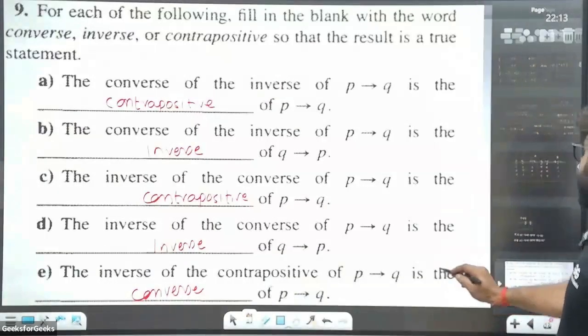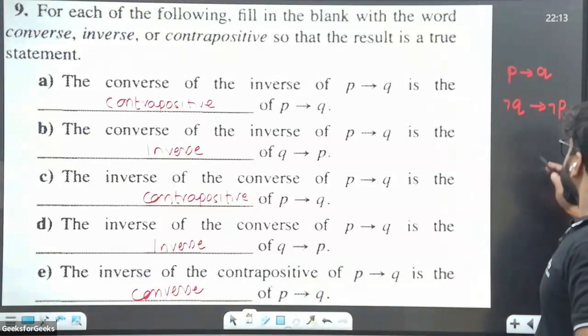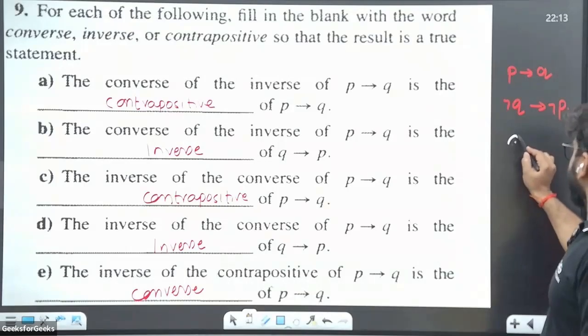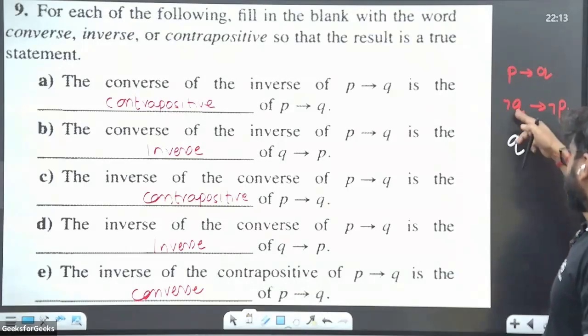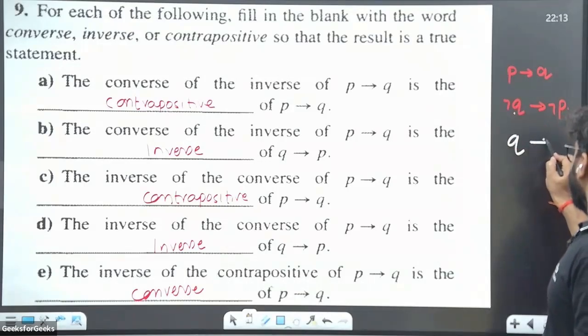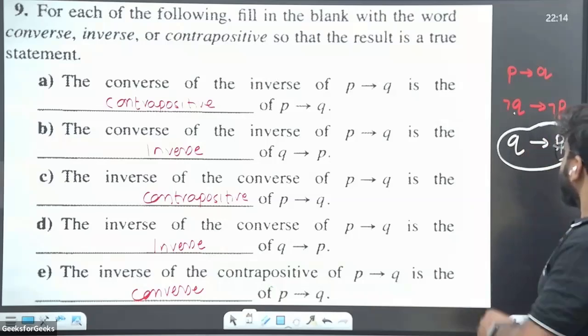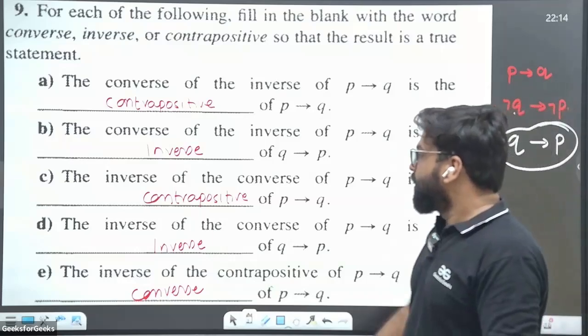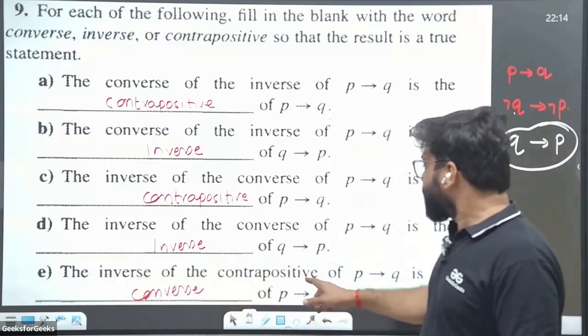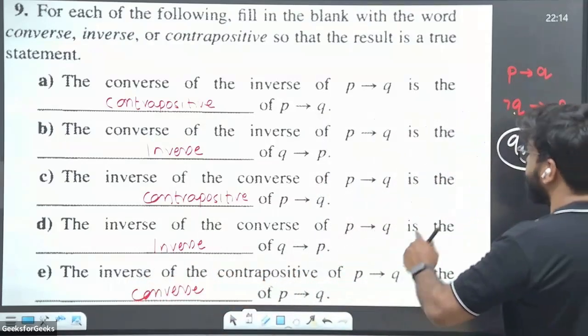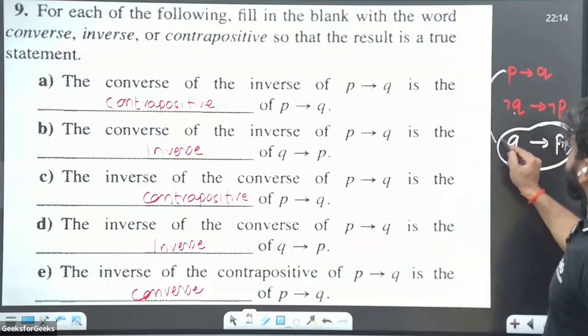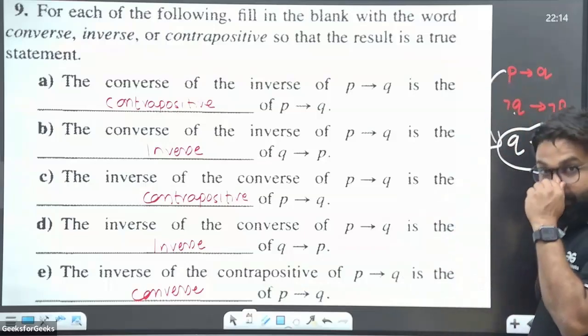So here, negation of Q implies negation of P. The inverse of this will become Q implies P. So the inverse of the contrapositive of P implies Q will become the converse of P implies Q.